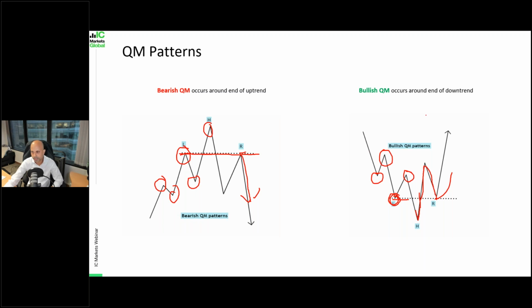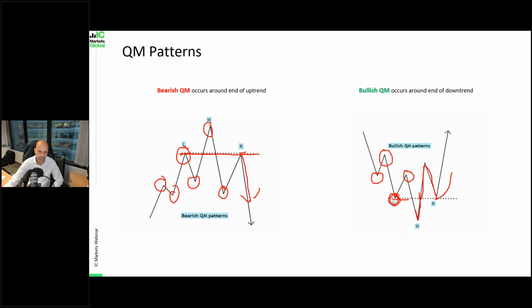Okay, so just to repeat, for the bearish Quasimodo pattern, right? We're looking, price should be in a strong uptrend, making a series of higher highs and higher lows. And then once that pattern is invalidated, right? You can see here, price made a new low here, but it actually broke the market structure, right?